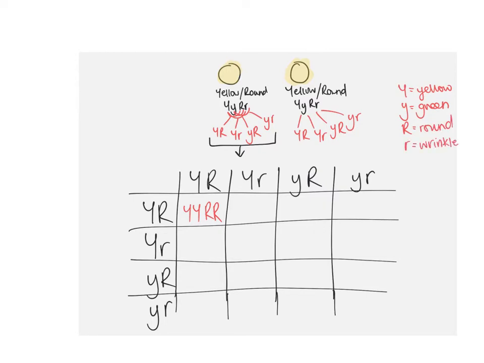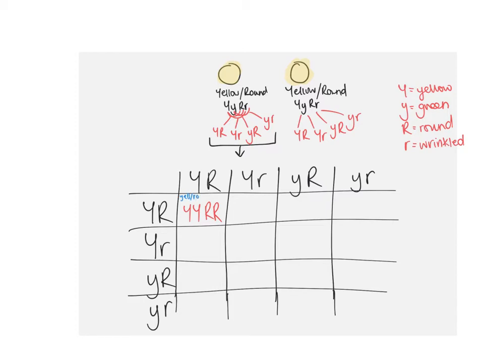I find it easiest to write what they're going to look like in each box. So only very small. Make sure you can rub it out in an exam if you need to. But I know that big Y, big R is going to be yellow and round. Okay, and that helps me later on.